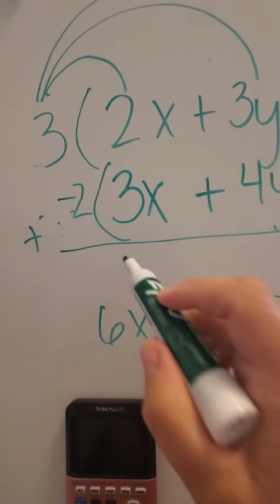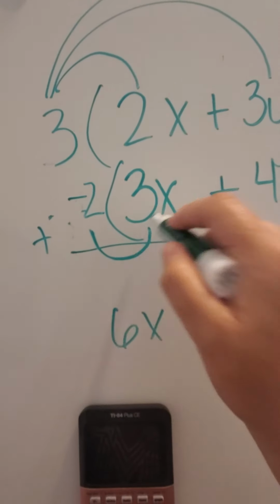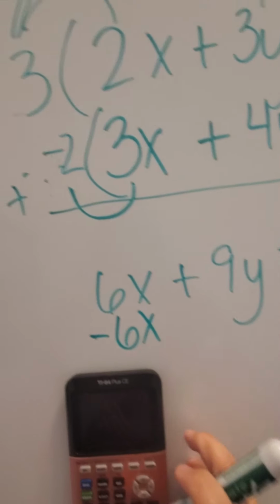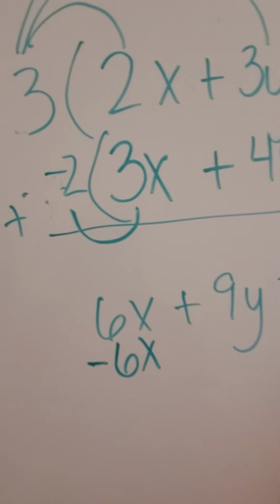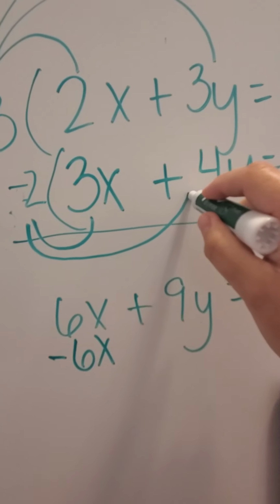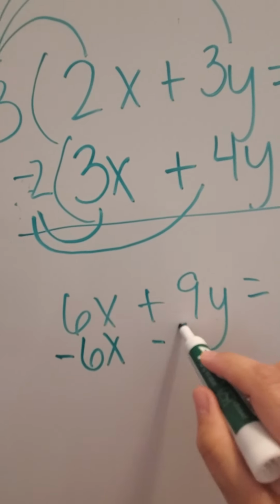Okay, now let's do the same thing with this bottom one. Negative 2 times 3 is negative 6x, which is what I want, right? And then negative 2 times 4 is negative 8y.